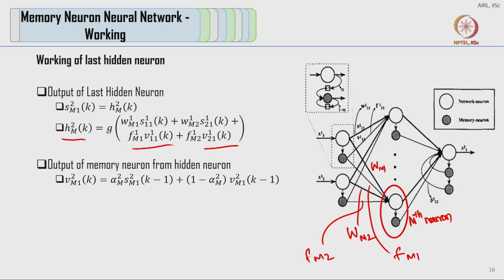So, basically I receive the sum of all the scaled inputs, and that is my activation potential. Passing through an activation function, I will get the output. The corresponding memory neuron is computed like this: alpha m2 into SM1 of k minus 1 plus 1 minus alpha m2 into VM1 of k minus 1.